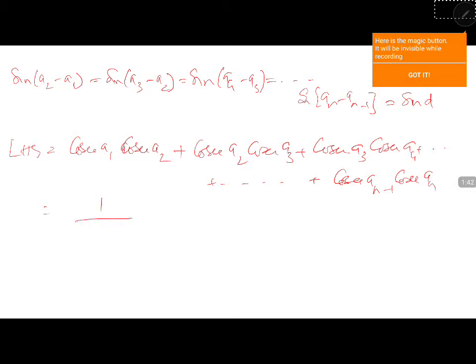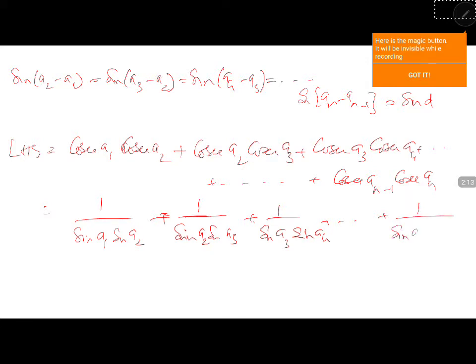I will get 1 by sin A1 sin A2 plus 1 by sin A2 sin A3 plus 1 by sin A3 sin A4 up to 1 by sin A(N minus 1) sin AN.